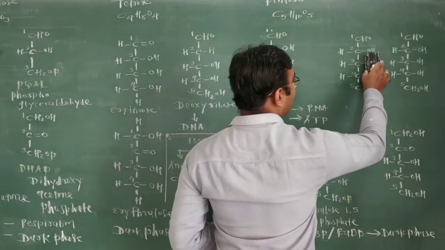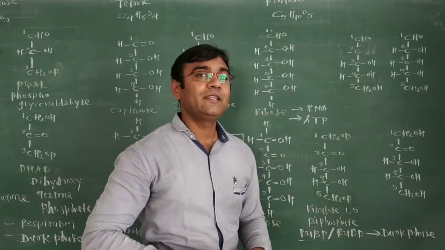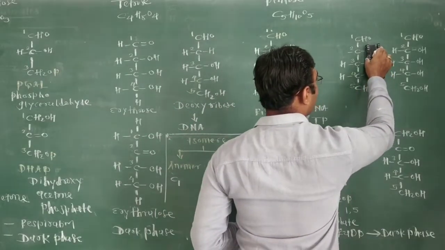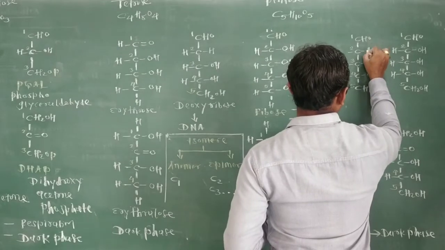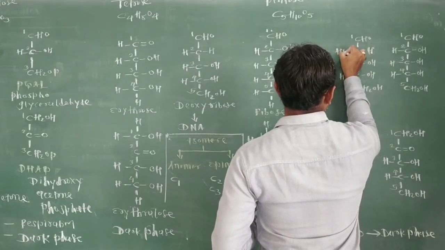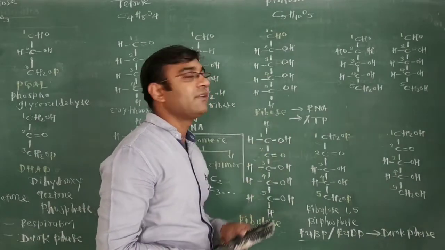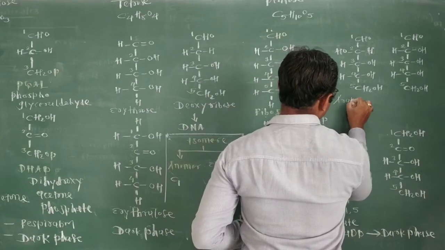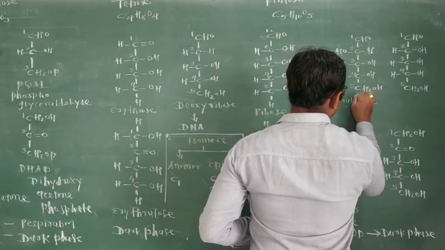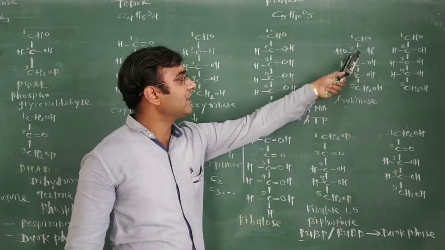But if at the second carbon the H and OH positions change, OH going from right side to left side and H from left side to right side, a new chemical is produced, an isomer of ribose, and that is arabinose. How to produce arabinose? By changing the H and OH position at the second carbon.